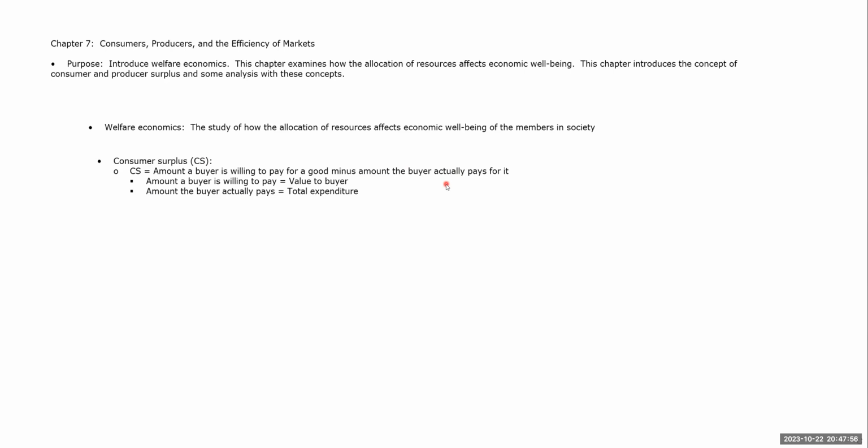If I value a slice of pizza at $10, I'm willing to pay up to $10 for it. I will not pay more than that. And if I pay exactly $10, my value equals how much I paid. The amount actually paid is the total expenditure, the actual price.